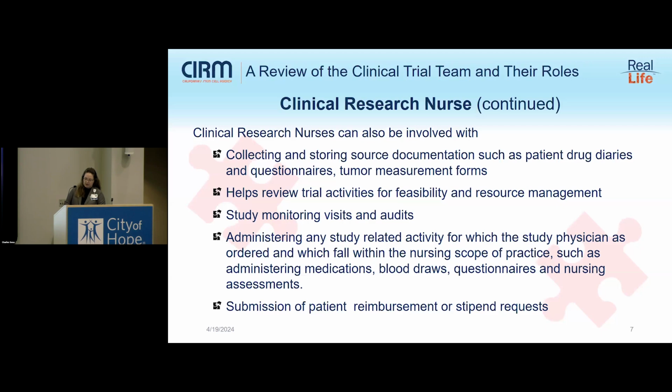The CRNs are also sometimes involved with pre-screening. So pre-screening is typically before the patient consents, but the PI is requesting that there's a cursory review to make sure that on a high level, the patient looks eligible. So typically the CRN is going to look at the labs.